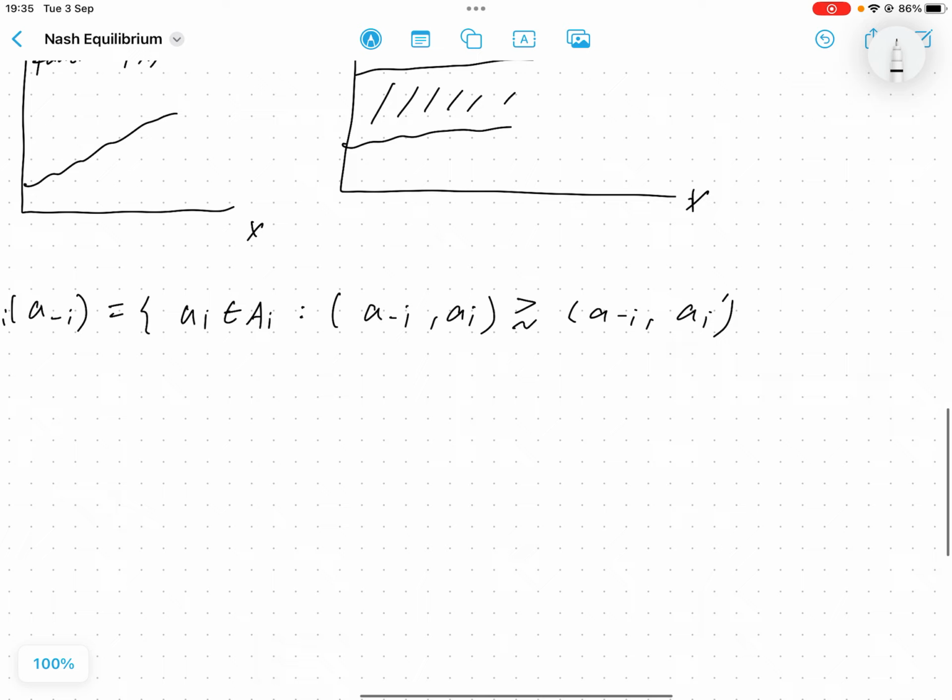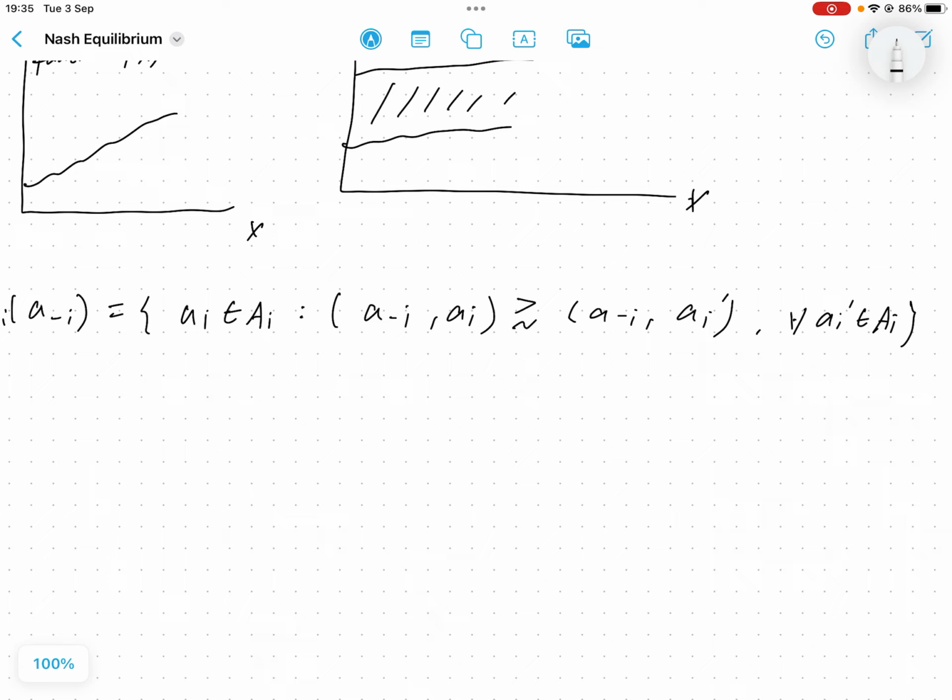This preference should be true for all a_i prime, meaning all the other possible actions in the action space A_i, instead of this a_i. That is essentially the meaning of the best response.